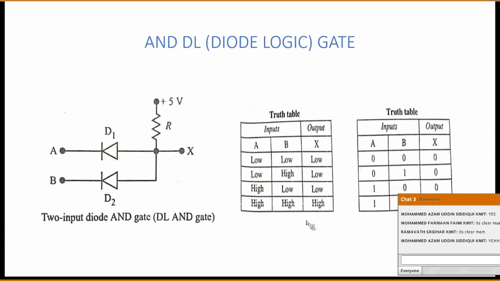But here, using DTL, using this logic family, we will implement the same gates using diodes and transistors. The same thing is being shown on the screen. Here you can see a circuit using two diodes and a resistor, connected in such a fashion that it will perform the operation of an AND gate.